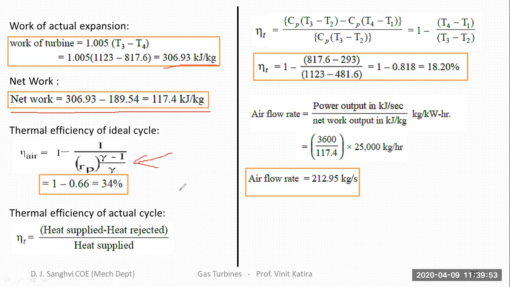Okay. So next you have to find the thermal efficiency of the actual cycle. Here you will have to use the actual temperatures that you have found out. The thermal efficiency in simple terms is heat supplied minus heat rejected upon the heat supplied, that is the net work done upon heat supplied. Simplifying, you should get this formula that I've circled. Just substitute the actual temperature values to find the thermal efficiency of the actual cycle.